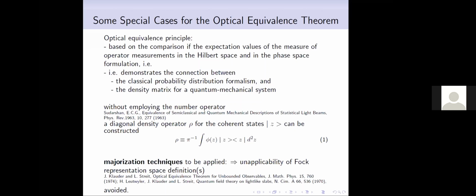And for this, a density operator should be defined.